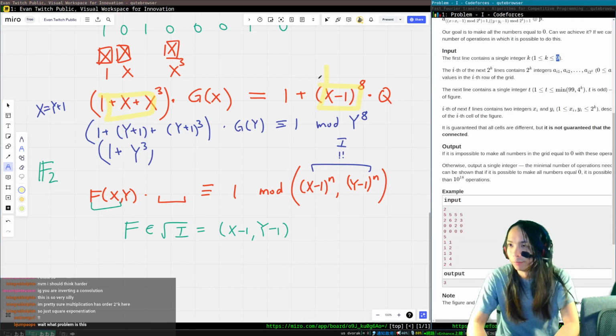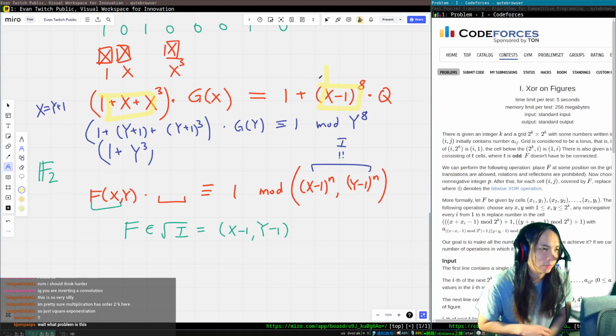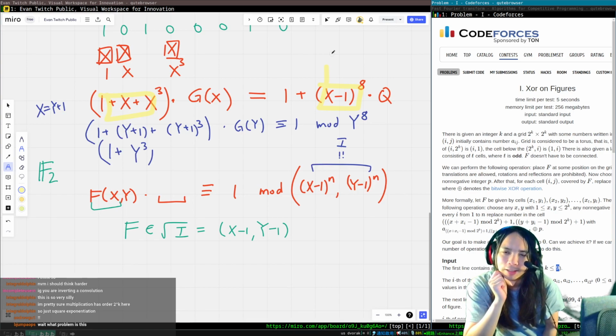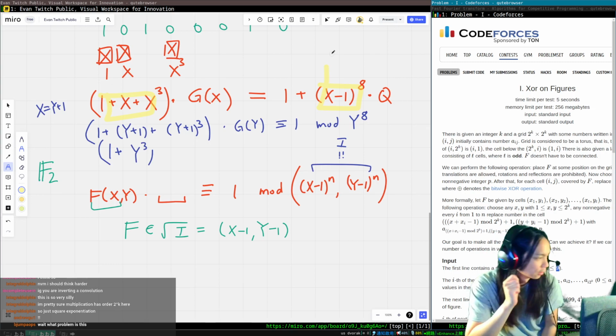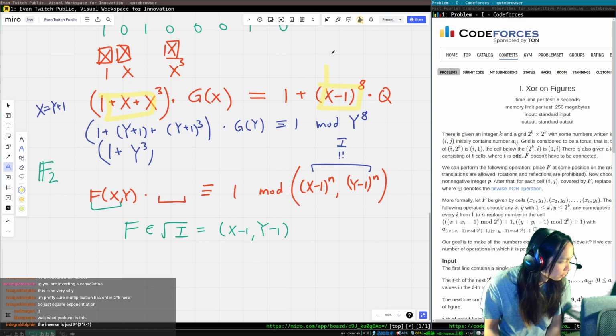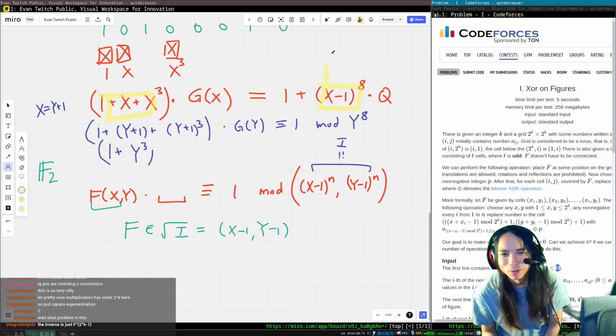Oh, right, the problem statement is this. XOR on figures. So, square repeatedly was suggested. The claim is that if I have an inverse mod y and I square it a bunch of times, I'll get an inverse mod y to the 8. What?